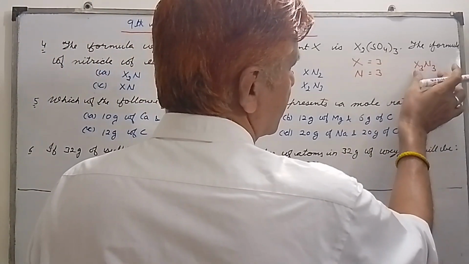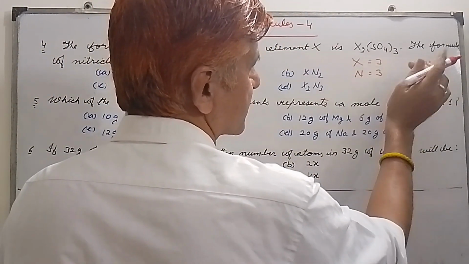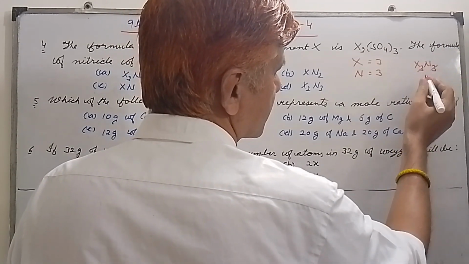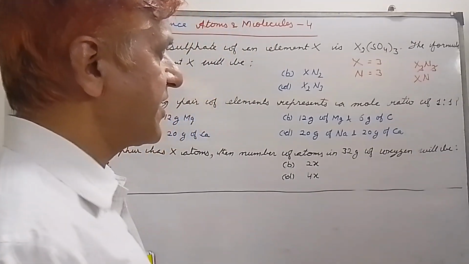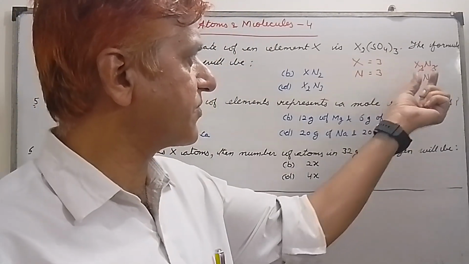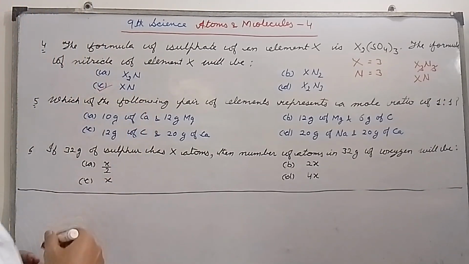So X3 and N3 is the given compound, nitride of X. So 3 and 3 will get cancelled and you will get XN. So the formula of nitride of X is XN. So C is the correct option.